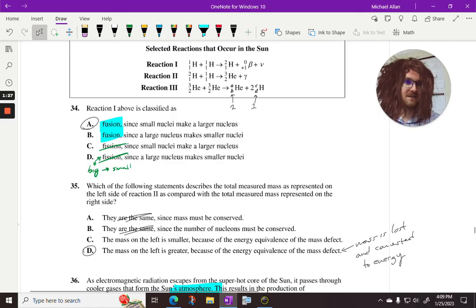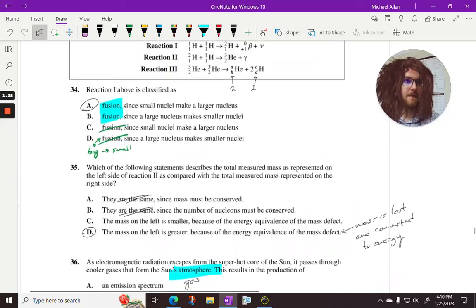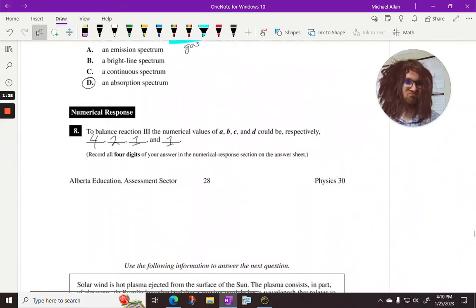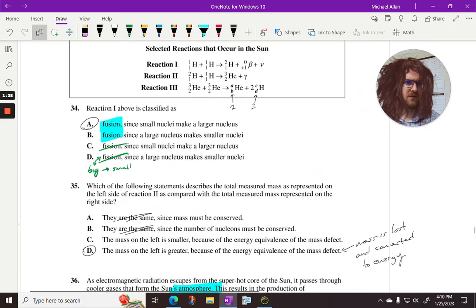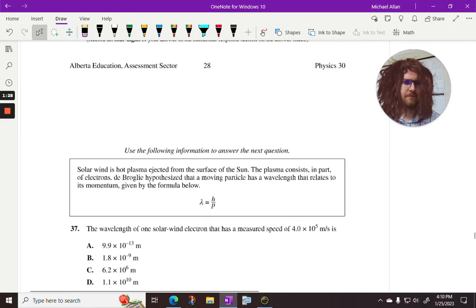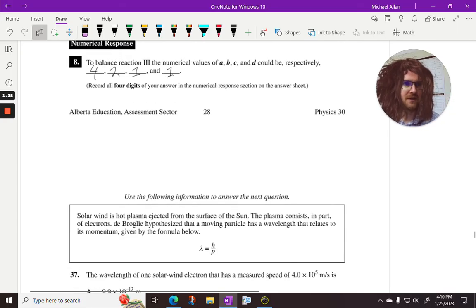Because as it adds a 6 on the top over here, it's got to add a 6 on the top over here. So 4, 1, and 1. Everything's got to add up to 6. Yeah, 3 and 3. Okay. Conservation of nucleons and conservation of charge, if you're looking at the chart back there.